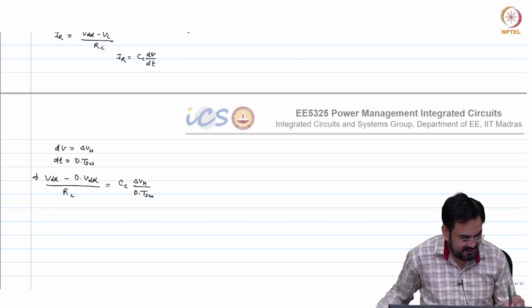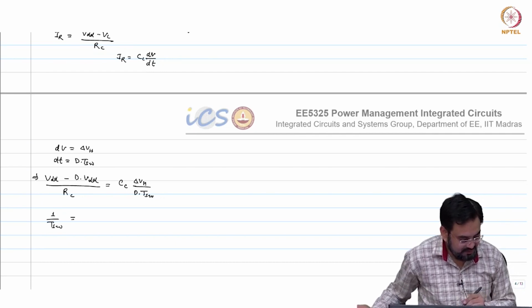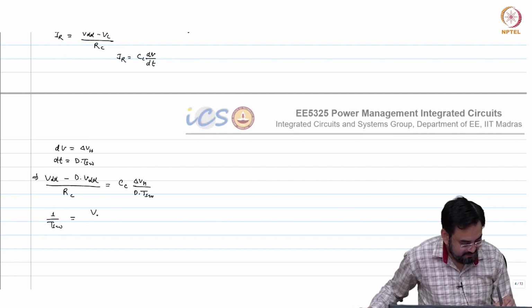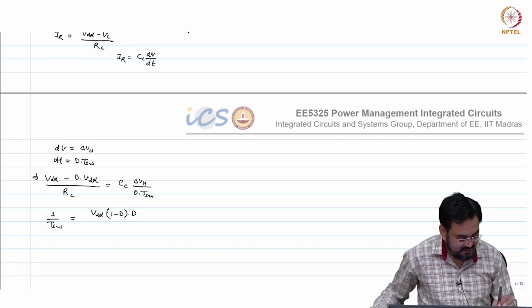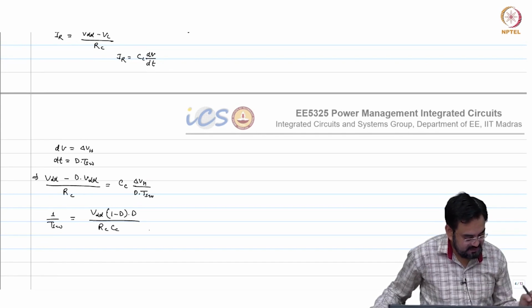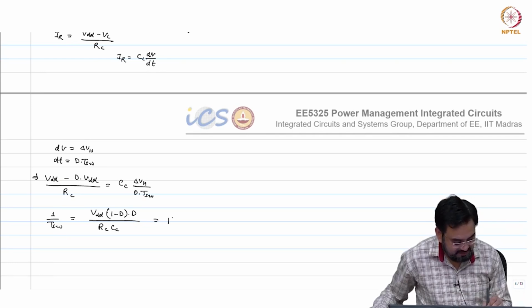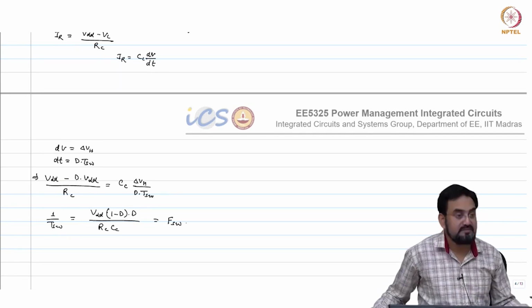So, just leave 1 by TSW. So, 1 by TSW equal to VDD into 1 minus D into D over RC Cc, equal to FSW, correct?